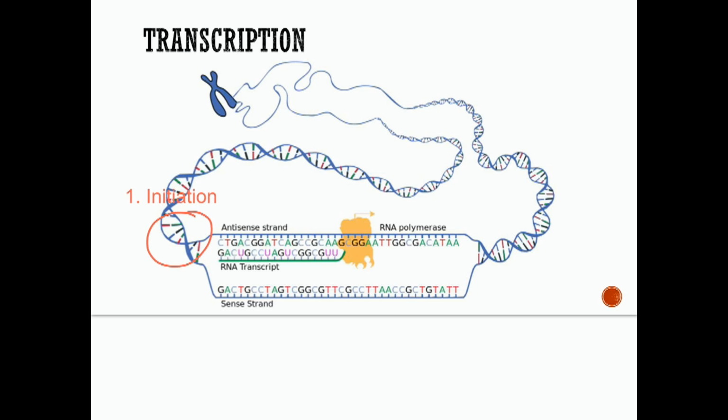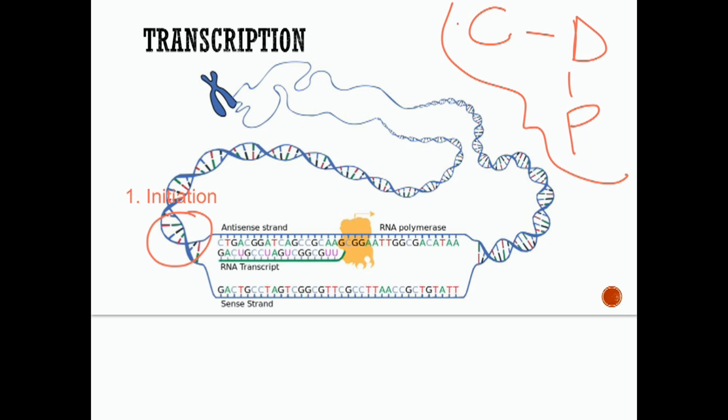See how it's starting to unwind the double helix to expose the strand of nucleotides. Now, when I talk about nucleotides, a nucleotide is a nitrogenous base, an A, T, C, or G, say you've got a C, along with the deoxyribose sugar and the phosphate. So it's the grouping of those three things when I talk about nucleotides.